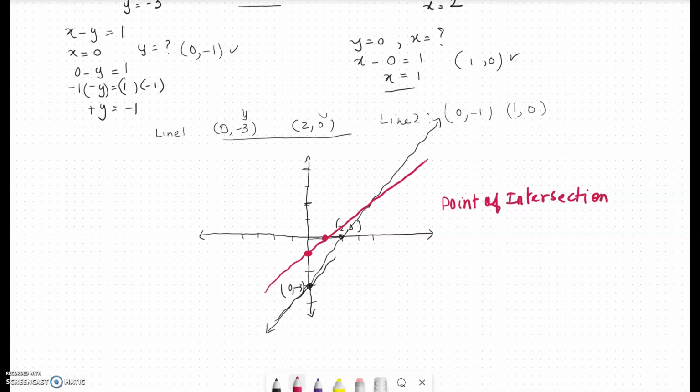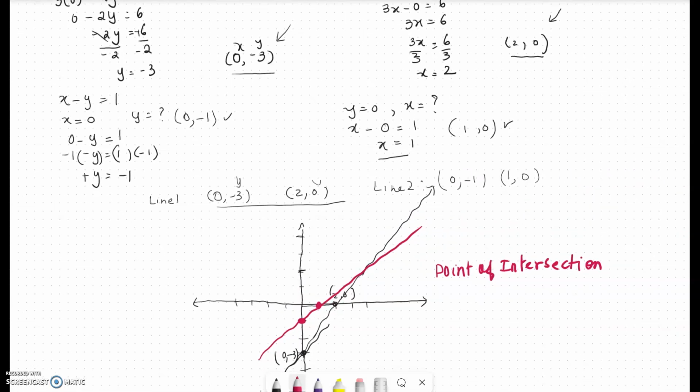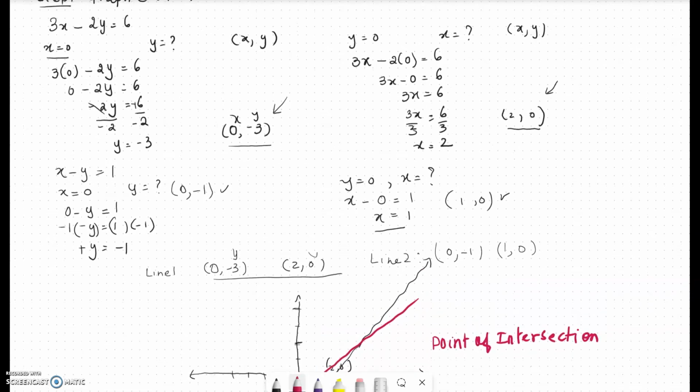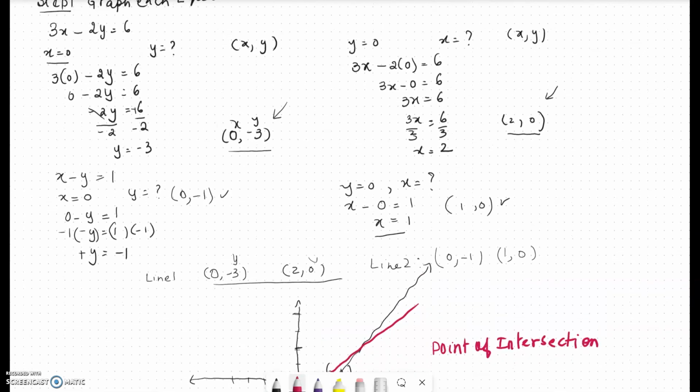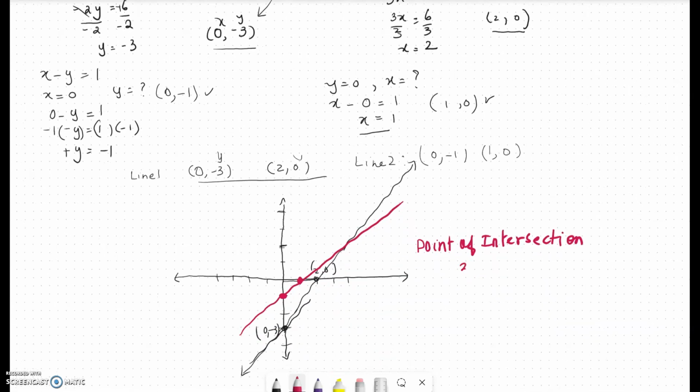So if you had to solve it algebraically, let's just do this real quick. This is graphically, and you need a proper system to graph it so you can get an exact point. 3x minus 2y equals 6, and x minus y equals 1.